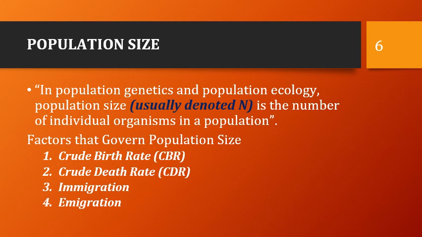So the factors that govern population size are the following. So we have here the CBR, or the crude birth rate. We also have the crude death rate. We have the immigration and emigration. So take note that these factors, along with birth, death, and the movement of individuals into and out of the population, collectively determine the overall population size.